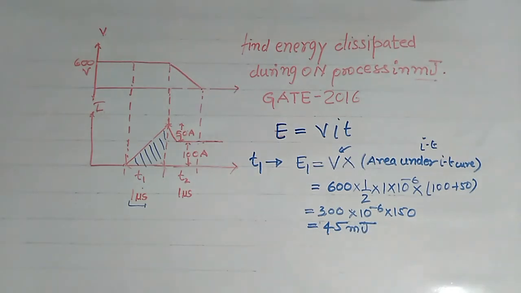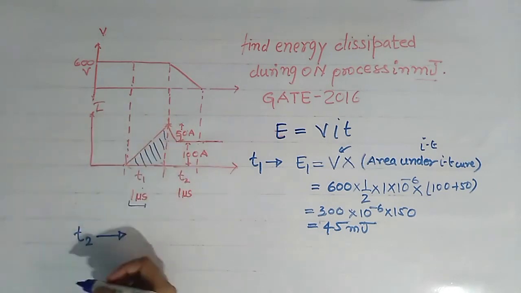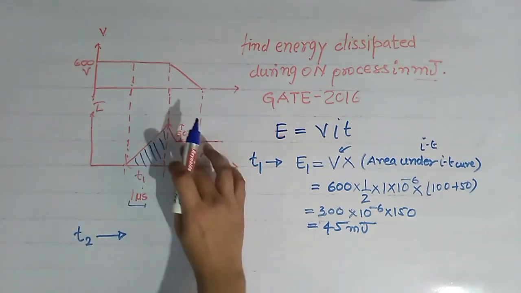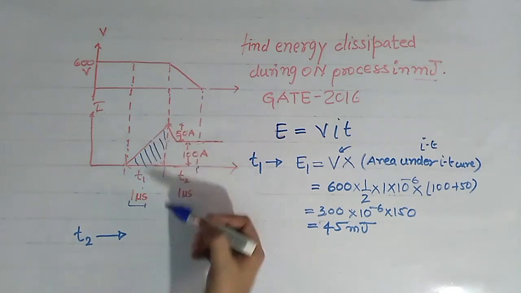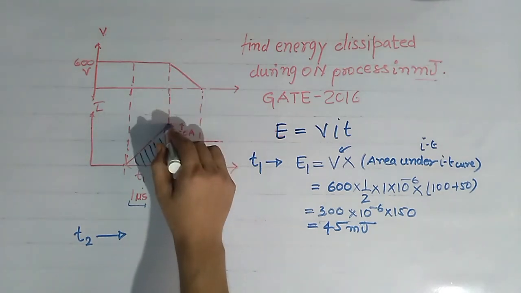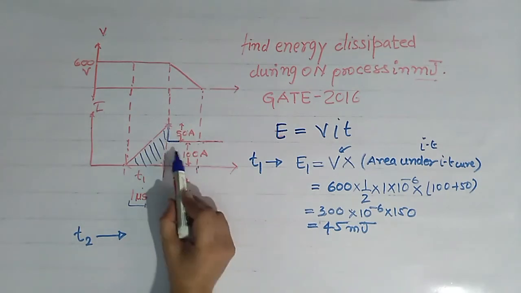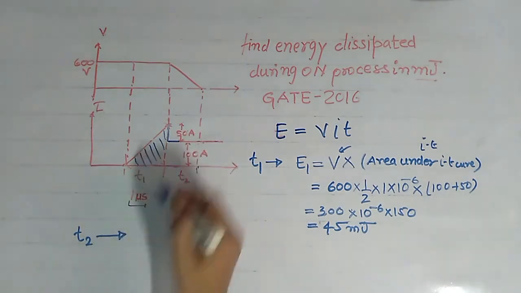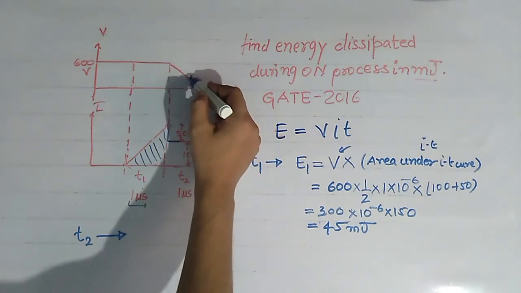Now during time T2, see the waveforms. This is time T2, and during this time this current is constant, and that is equal to 100 ampere, but this voltage is time varying.